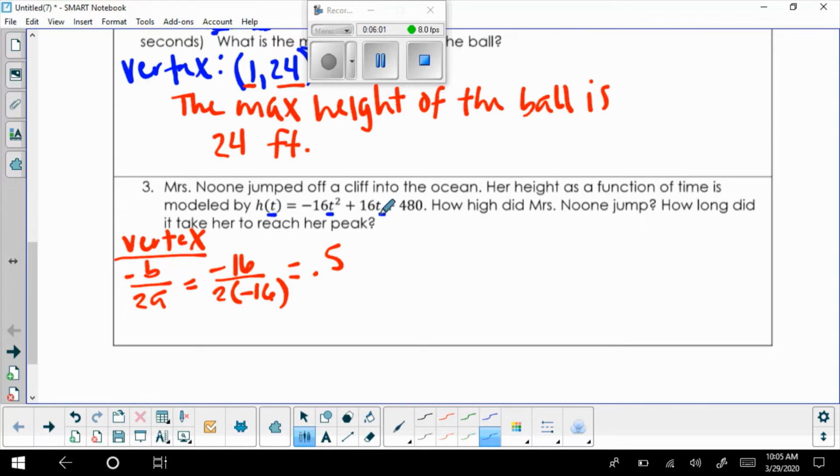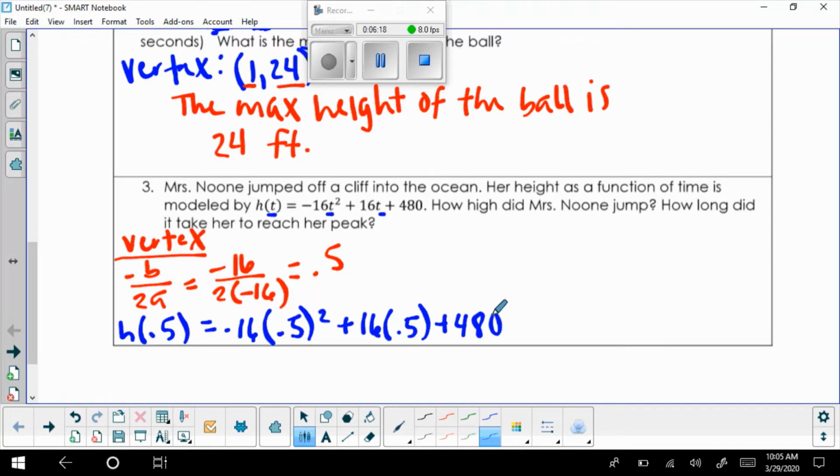I'm going to replace every t with 0.5. So h of 0.5 equals negative 16 times 0.5 squared plus 16 times 0.5 plus 480. And we're going to type it in just like that. Negative 16 parentheses 0.5 squared plus 16 times 0.5 plus 480. And we get 484.